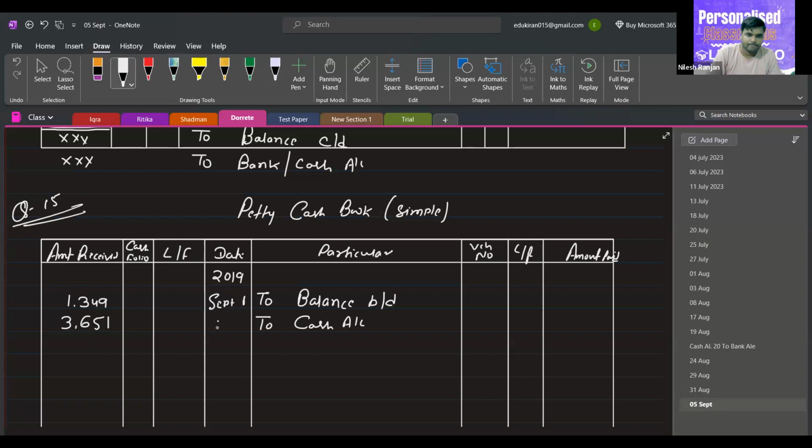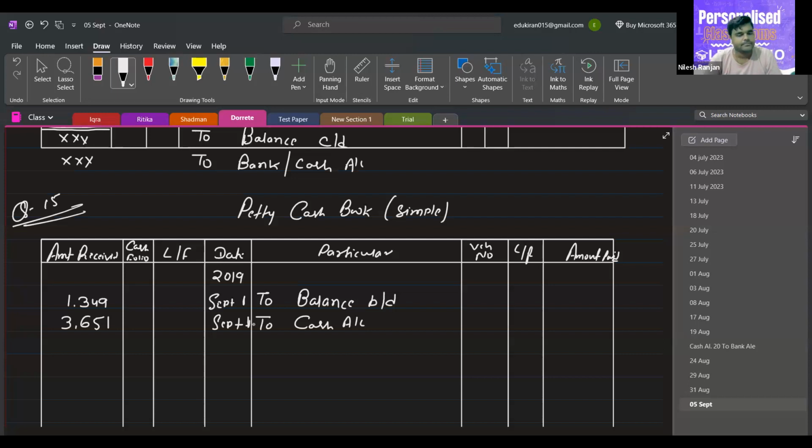So can you repeat again, sir, this transaction? Okay. Actually, in the beginning, the balance is given. So if the balance is given, it is imprest system. So balance is 1,349. So total imprest amount is 5,000. It is said in the question that imprest amount is 5,000.